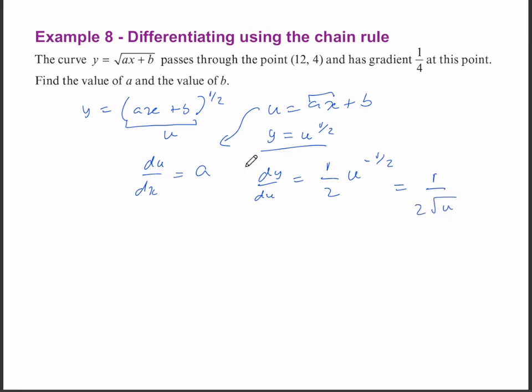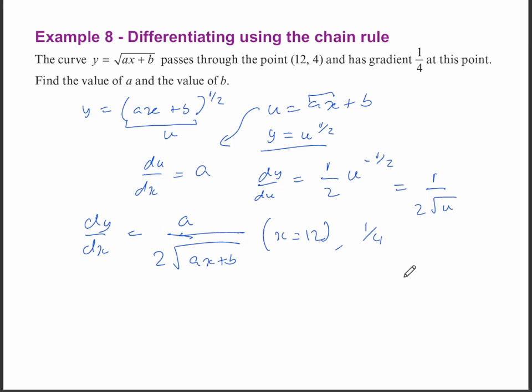So after multiplying the two to get our dy over dx, we will get a over 2 root u, which is just ax plus b. So a over 2 root of ax plus b. And the gradient when x is equal to 12 is going to be 1 over 4.